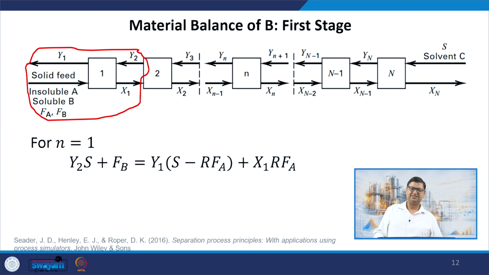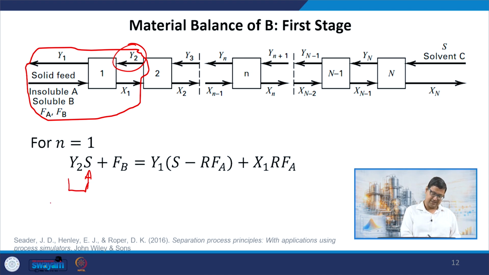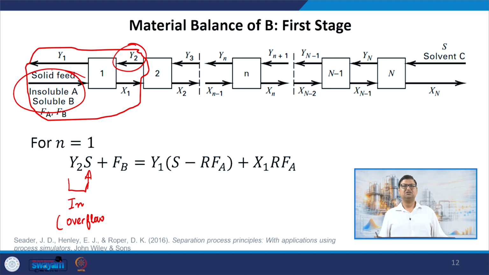Now for terminal stages we have to be slightly careful, because for the first stage, what comes in from the overflow has solvent mass flow rate S. So we have Y2S in from the overflow, but what comes in from the underflow does not contain any solvent.